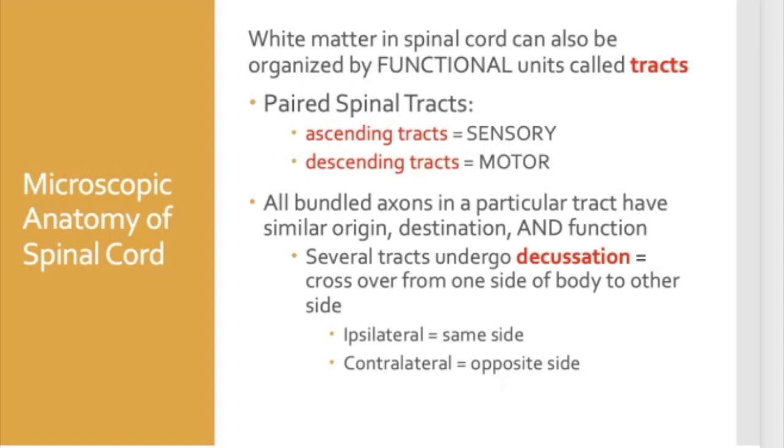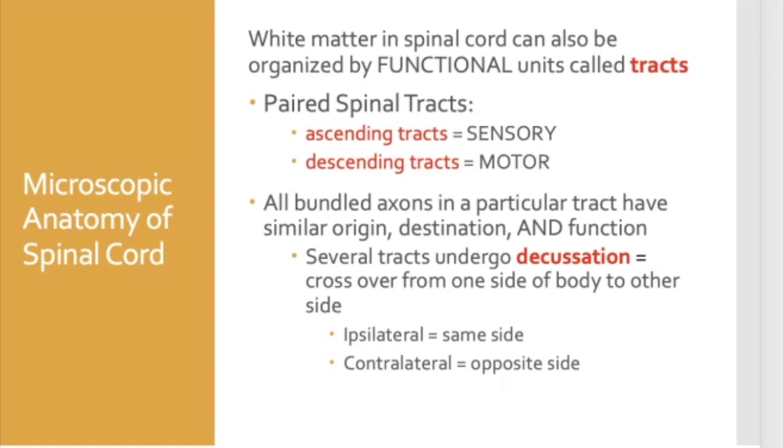Ascending tracts are sensory. These are tracts that are heading up towards the brain. They are ascending. Descending tracts are motor. These are tracts or bundles of axons that are carrying motor information from the brain through the cord to go out into the peripheral nervous system.